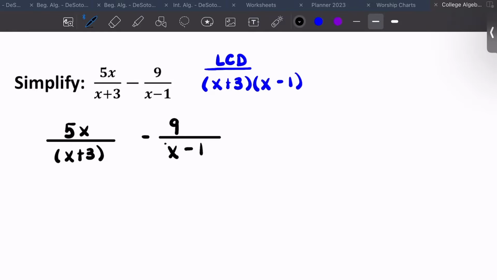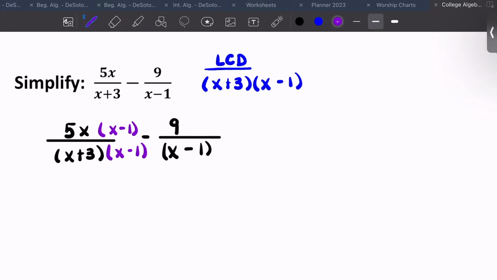Now, I'm going to put these in parentheses. You don't have to do that, but on the first fraction, I have an x plus 3, but I need x plus 3 times x minus 1. So I'm going to say times x minus 1. And I'm going to do it also to the top. Okay, I have to do it to both places.